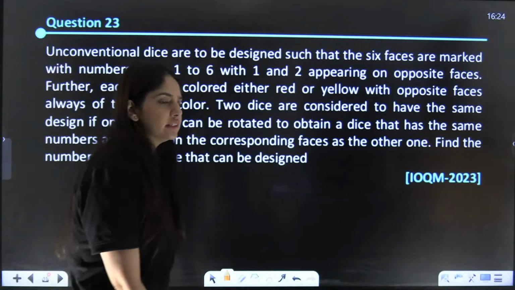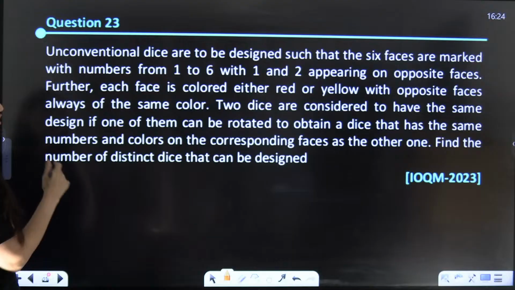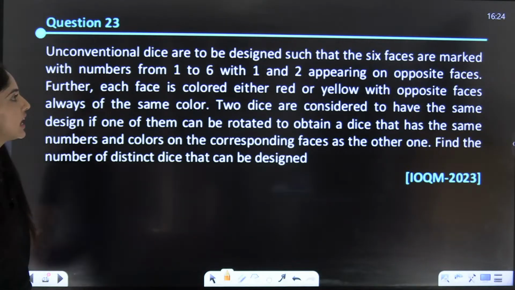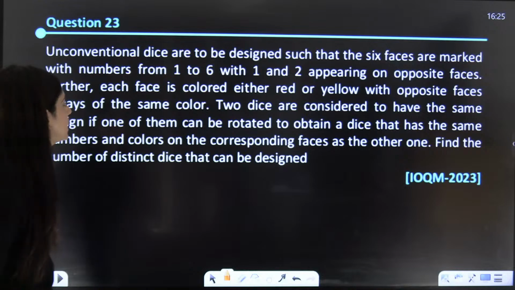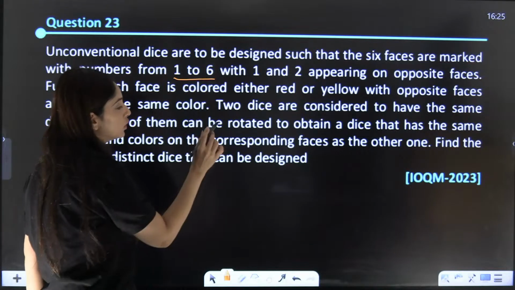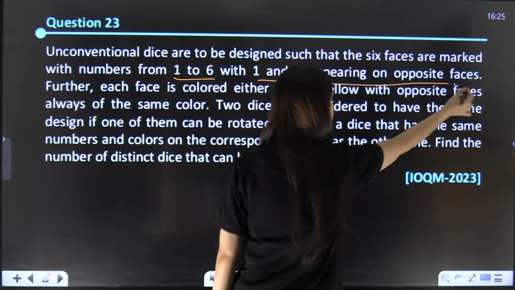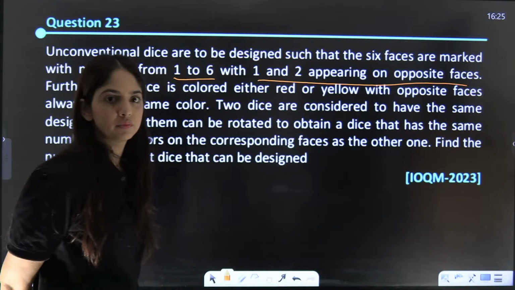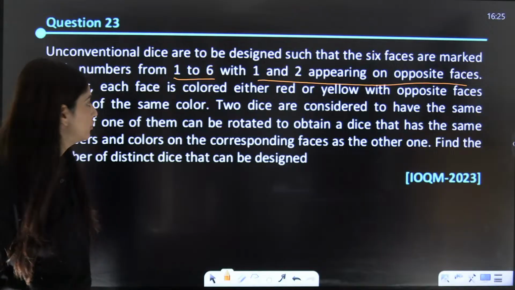Now, another coloring problem, I'll put it aside so that you can read the entire question. Unconventional dice are to be designed such that the 6 faces are marked with numbers from 1 to 6, with 1 and 2 appearing on opposite faces.